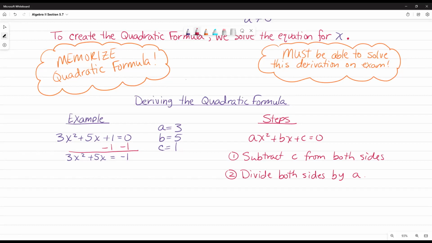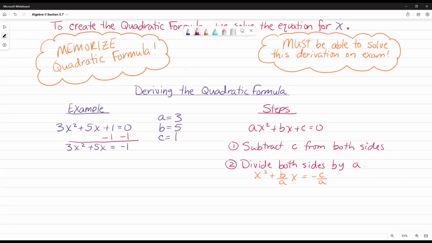But in this case, when we divide both sides by a, we end up with x squared plus b over a x equals -c over a. But what that looks like in a problem just means that we divide every term by 3, and we get x squared plus 5/3 x equals negative 1/3.